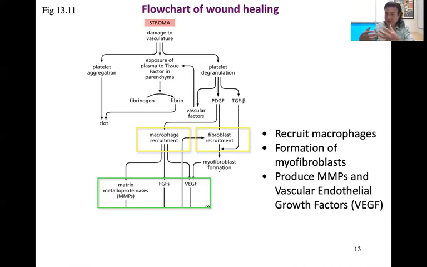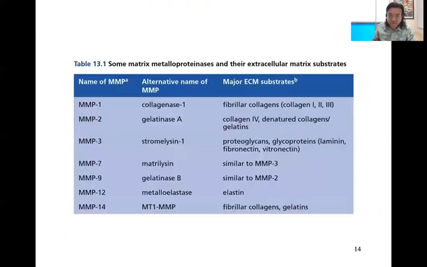And also the breakdown of the stroma encourages more of these types of blood factors to be able to get into the site of the injury. As part of that, they also produce vascular endothelial growth factors that encourage the growth of new capillaries to replace the ones that were damaged.